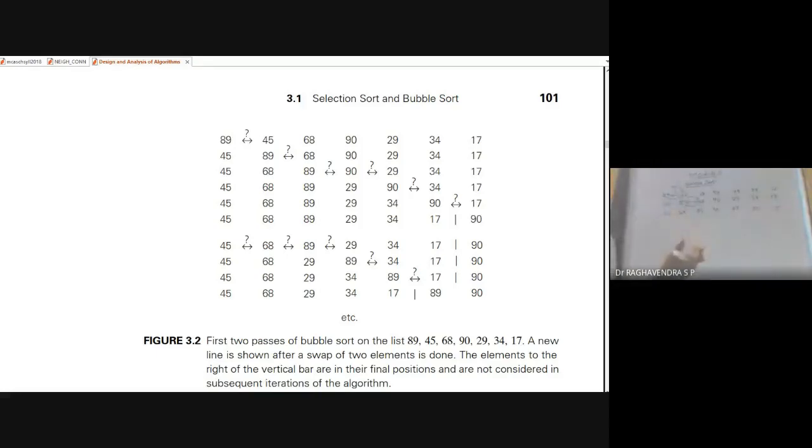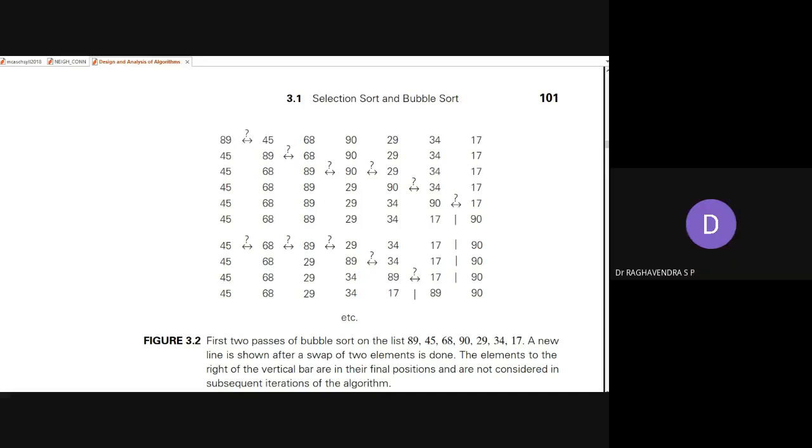Now you shift the comparison to the next position, between 89 and 90. Since 89 is smaller than 90, these two are sorted, so no need to swap. You continue: 45, 68, 89, 90 as it is, then 29, 34, 70.